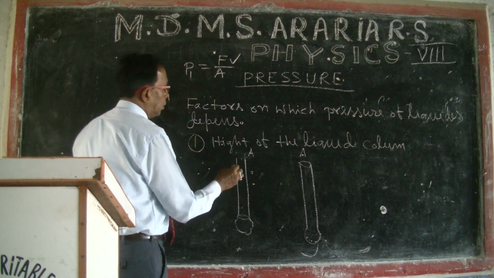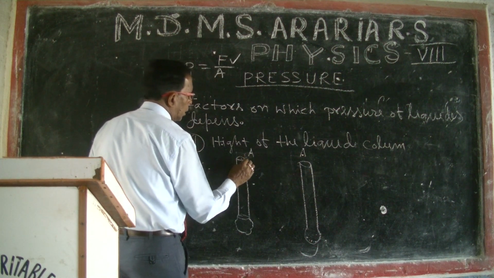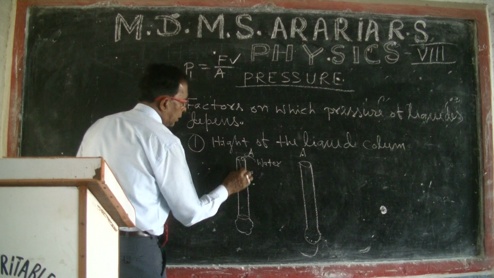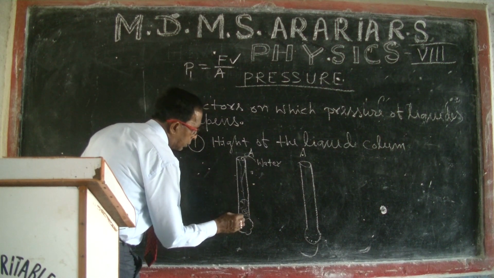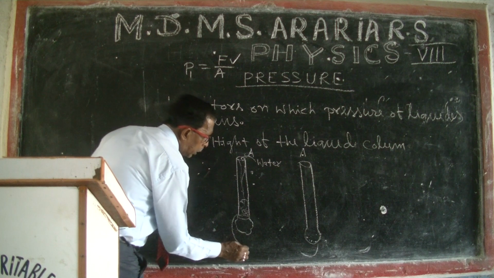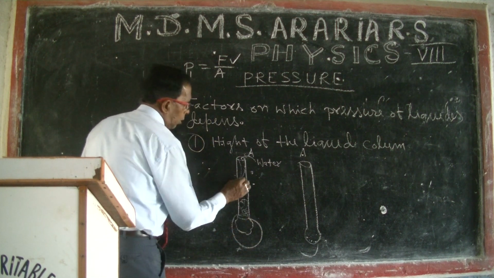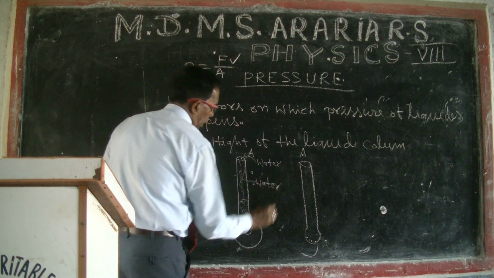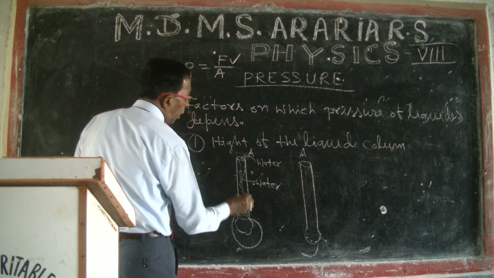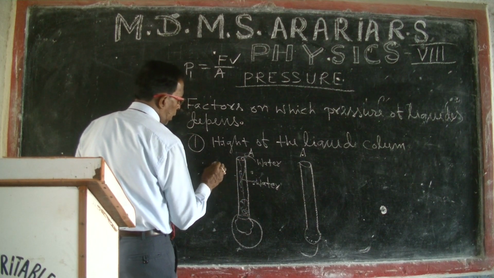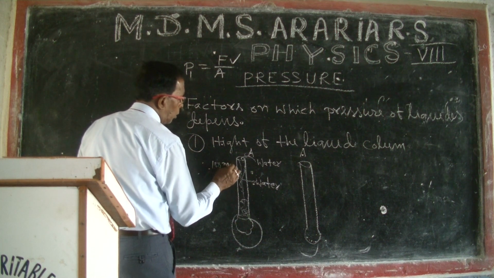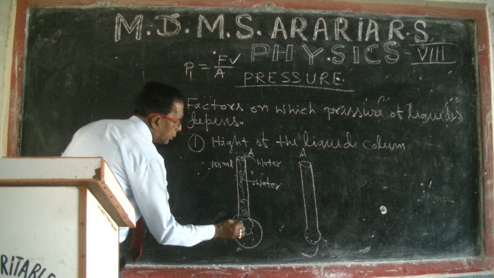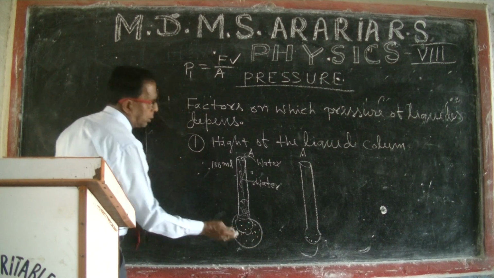In this column, you are going to fill water. You have filled water, and the shape of the balloon is increased and it becomes like this. Okay? In this, you have filled water up to this height, say 100 ml. You have filled 100 ml of water in this column, and due to that, the shape of the balloon is increased in this shape.